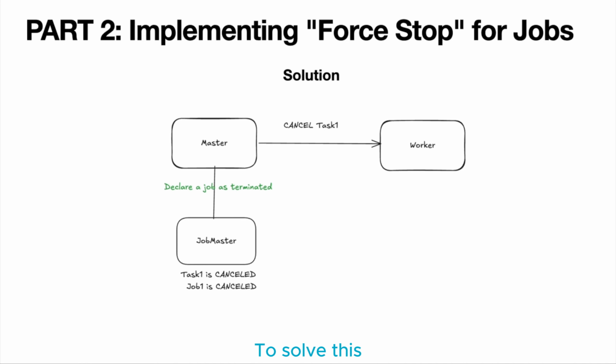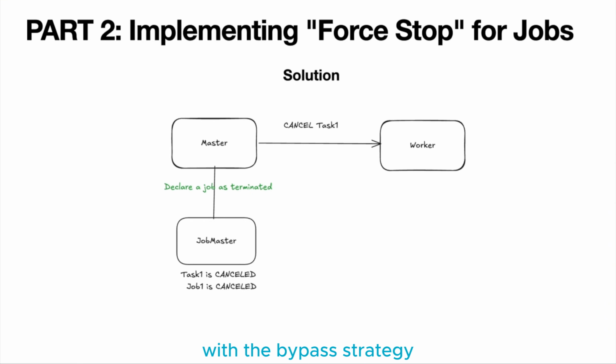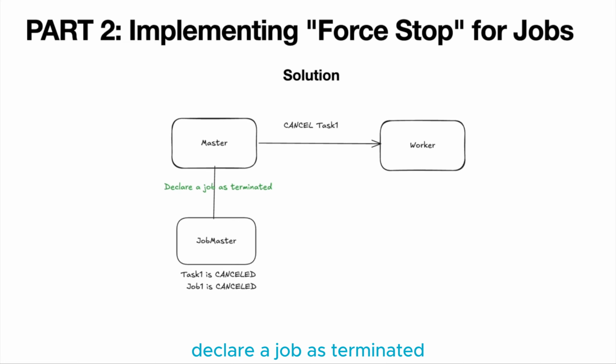To solve this, I designed the force stop mechanism in PR number 10075 with the bypass strategy. There are two points. First, master-centric authority. Instead of waiting for the worker's report, the master is given the authority to independently declare a job as terminated.